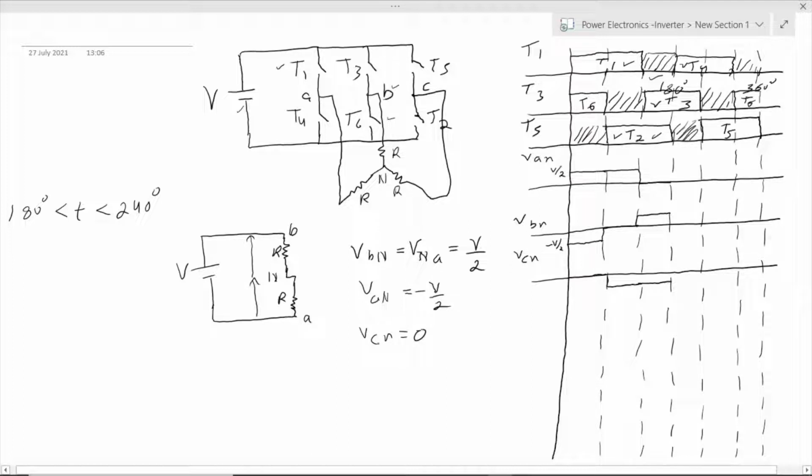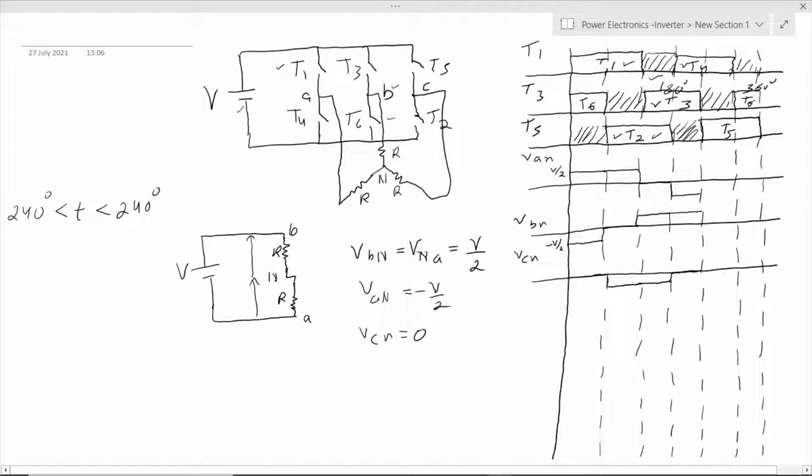So now VAN is equal to minus V by 2, VBN remains same and VCN reduces to 0. Okay.